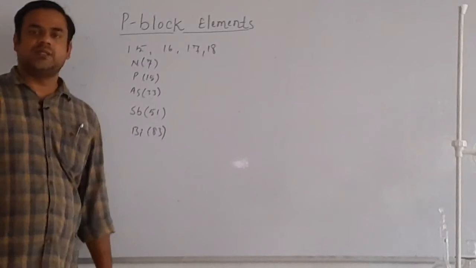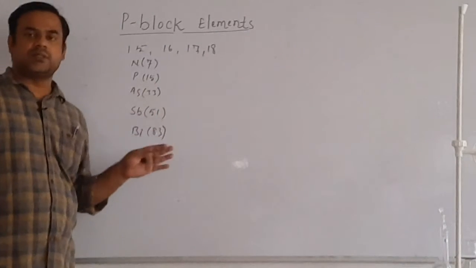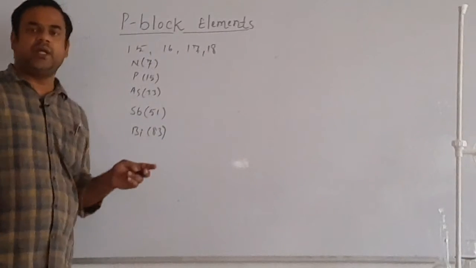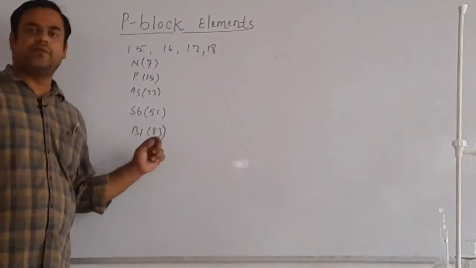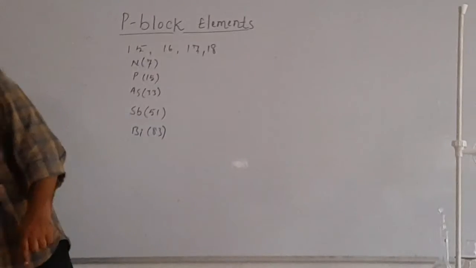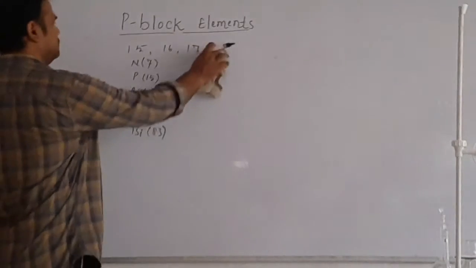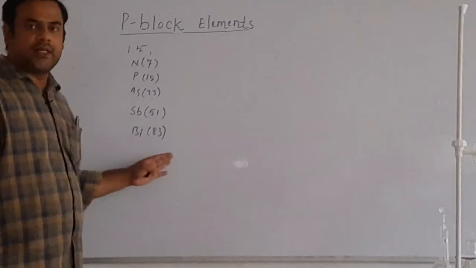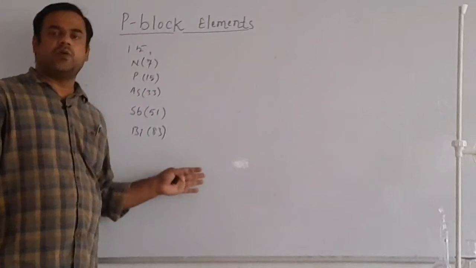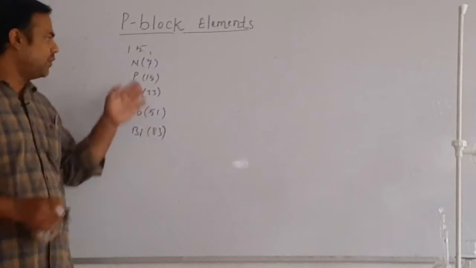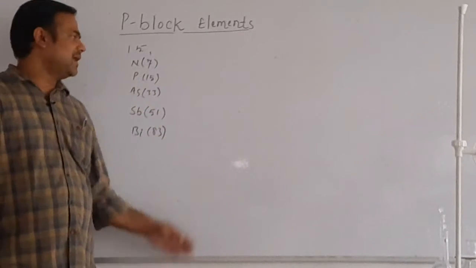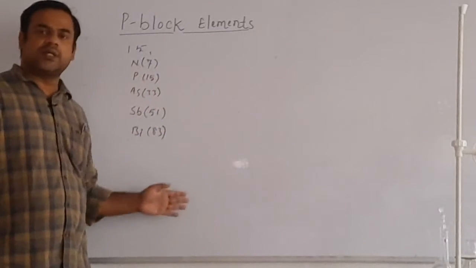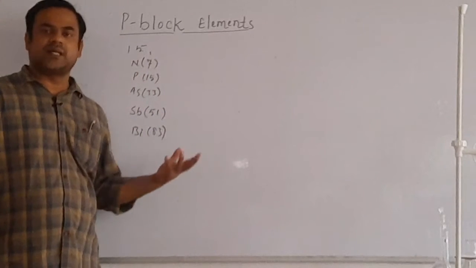So first we will see some physical properties of these elements and then we will see chemical properties. Starting with group 15, also known as nitrogen family. If we talk about the atomic radii, when we move down the group, the number of protons is increasing, number of electrons is increasing, as well as number of shells is increasing.